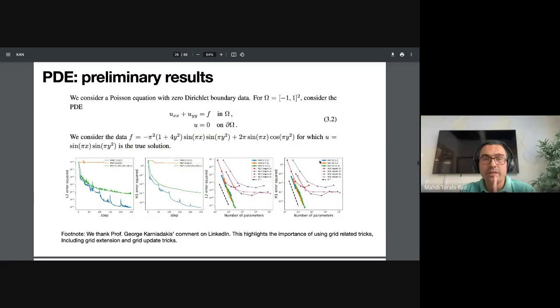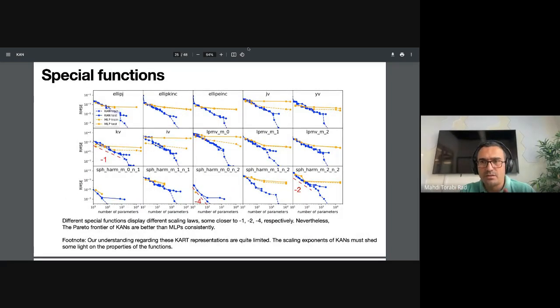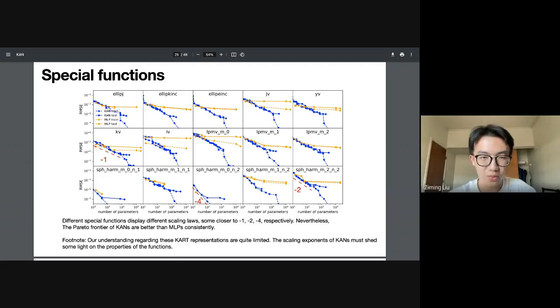Sorry, another question. With a given number of parameters, how does the depth of a KAN compare to the depth of an MLP? Great question. So what I literally did here was try like 1,000 models for KANs and for MLPs with varying depth, including 2, 3, 4, 5, and 6.